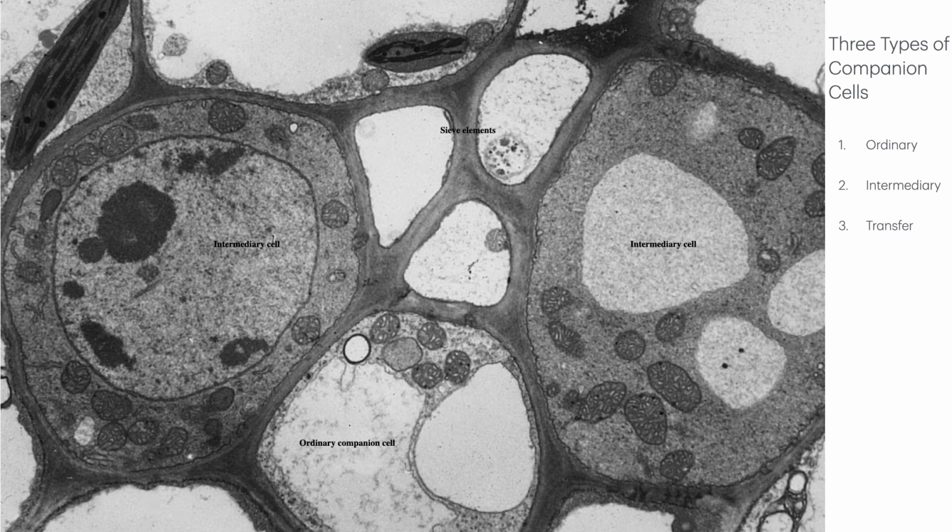Intermediary cells have numerous plasmodesmata connecting them to the bundle sheath cells, as we can see in this slide and the subsequent slide after this. Intermediary cells also have numerous small vacuoles as well as poorly developed thylakoids and the lack of starch grains in their chloroplasts.